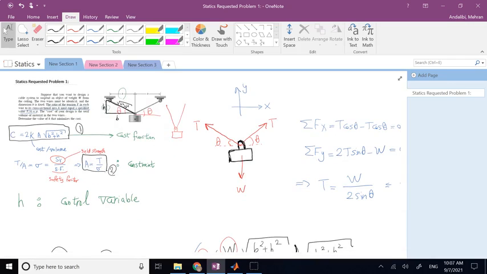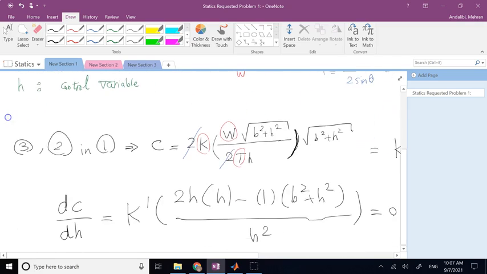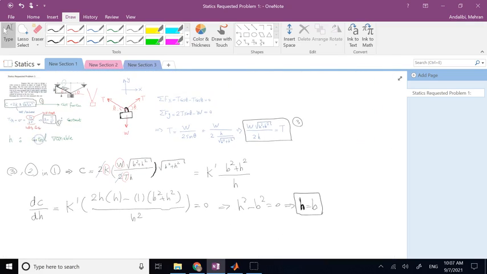You see, so we used what we learned in statics and what we learned in optimization to solve this simple engineering task, which is what vertical suspension size you would use to minimize the cost for the weight. Okay, so this is the first problem that we solved.